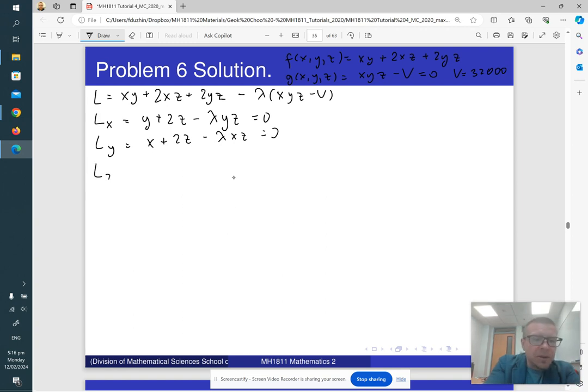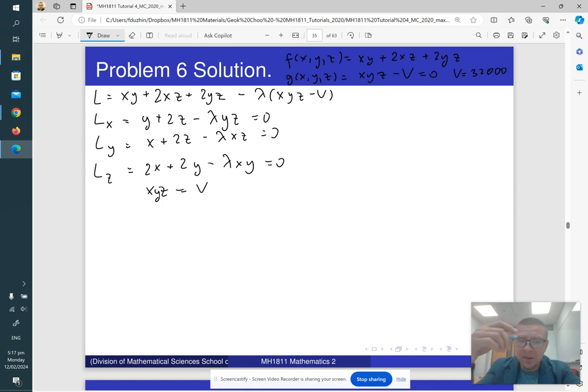And partial derivative with respect to z is 2x plus 2y minus lambda xy is also 0. And the last equation, partial derivative with respect to lambda, is always just the constraint. So xyz is equal to V. Right? So these are the four equations with four unknowns that we have.